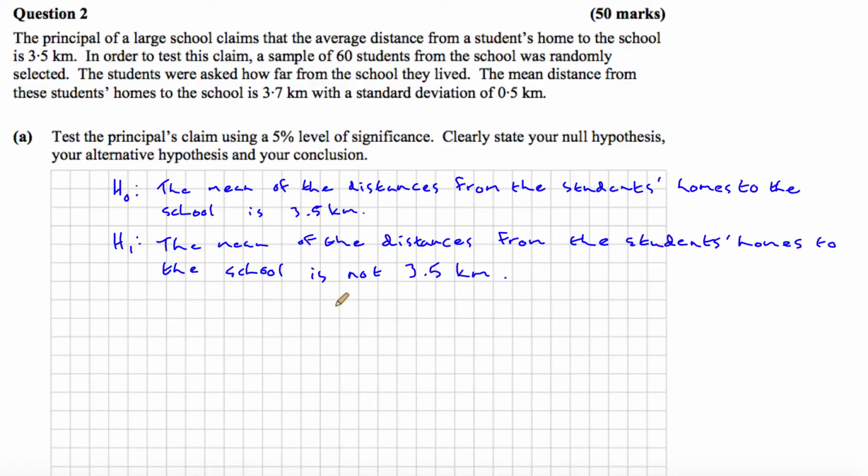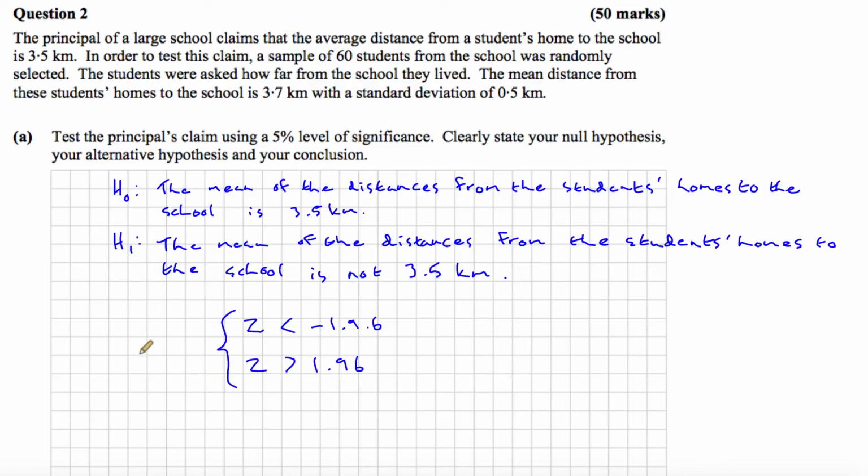Okay, so we've stated our null hypothesis and our alternative hypothesis. So if we are doing a hypothesis test at the 5% level of significance, we are trying to find the Z values, and we reject the hypothesis if the Z value is less than minus 1.96, or if the Z value is greater than 1.96.